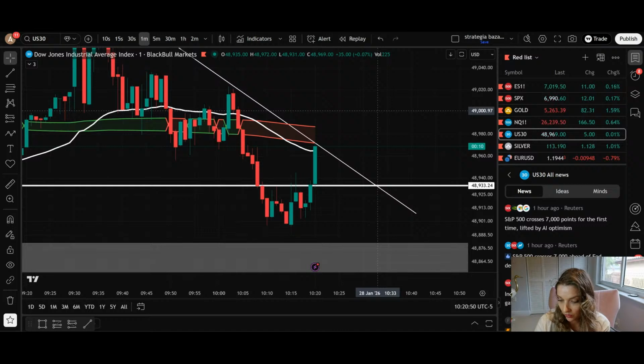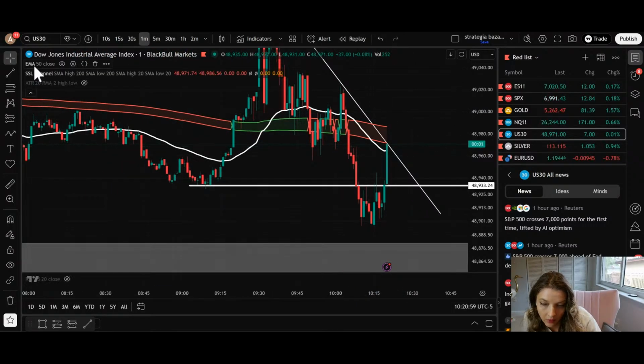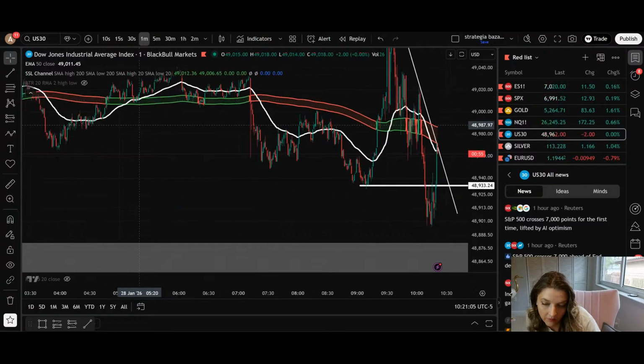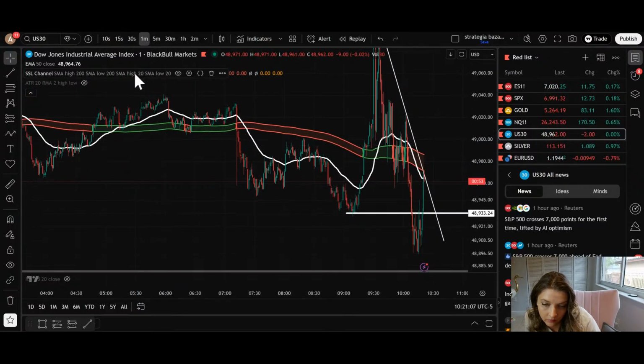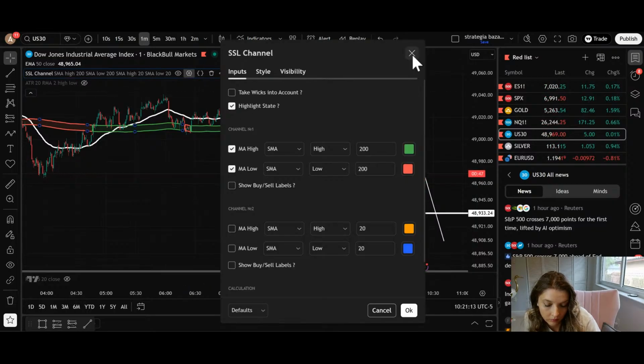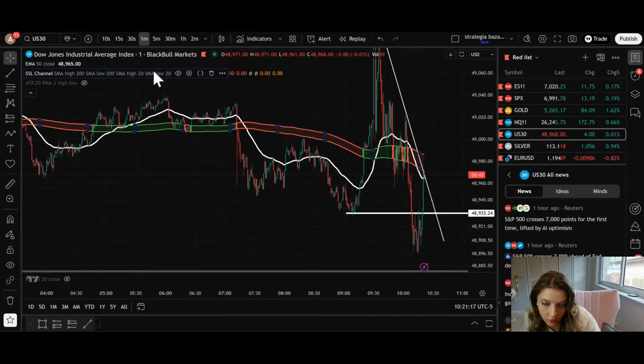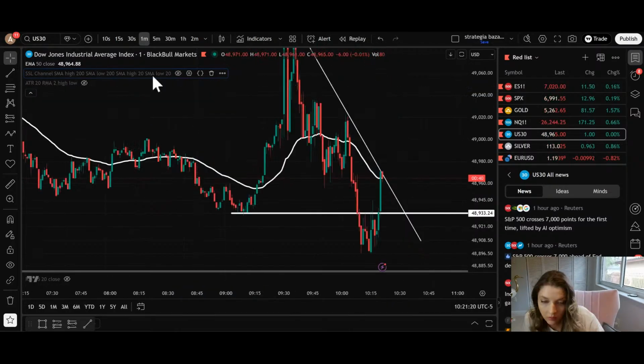I put it here to see, but basically it shows the trend mainly. It's based on a smooth moving average. Now let me put it back.